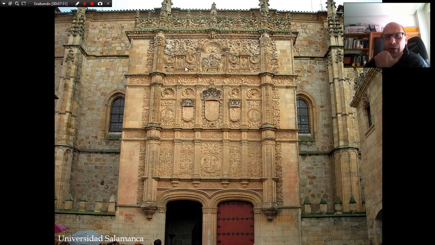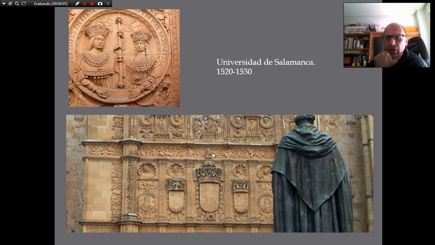And then the third part of this facade includes allegorical figures and a figure of a pope. Don't worry, I will talk about this. Okay, so here you have.